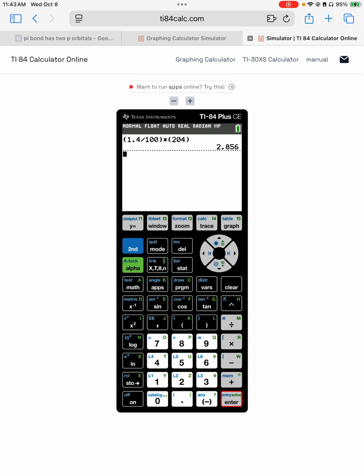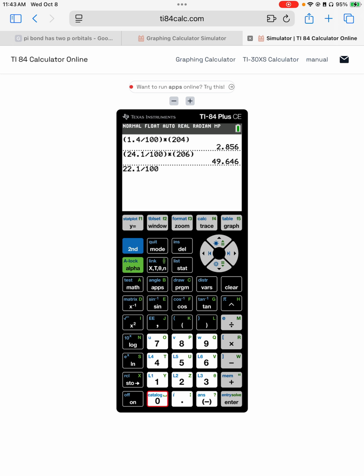Okay, and I'm going to do this for each one, and then I'll add them all together. So then we do a parentheses, and we do 24.10% divided by 100. And we're going to multiply that by the mass, which was 206. Okay, and then we're going to do 22.10 divided by 100.